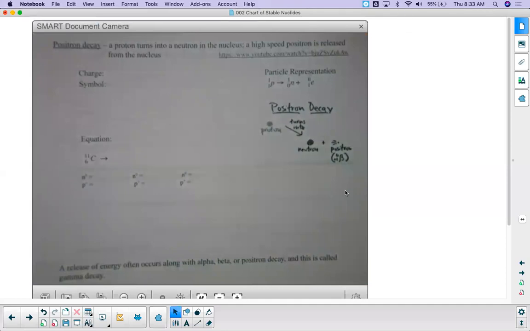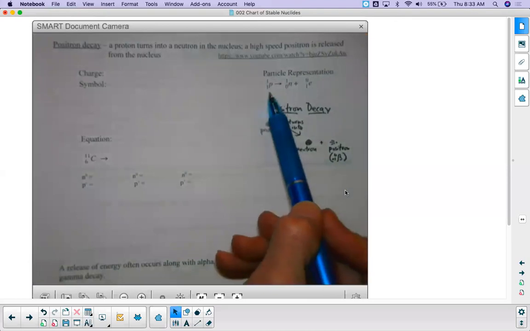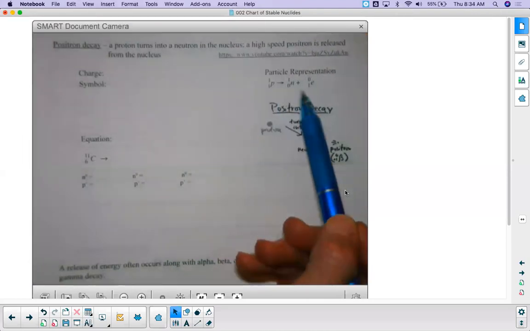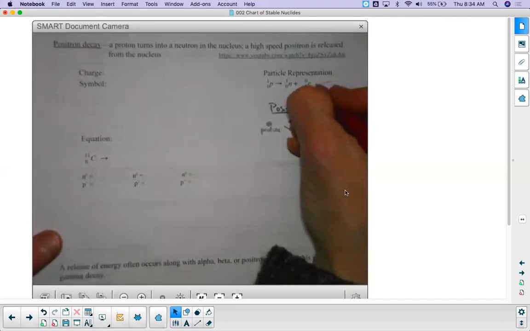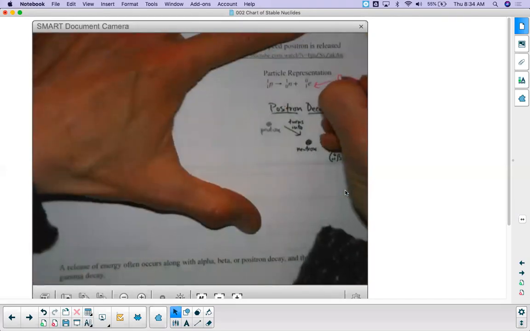So this requires a different envisioning, that of a proton being a neutron with a massless positive charge. So over here, we have the introduction of something new, a positron.